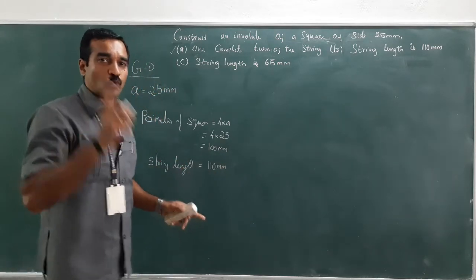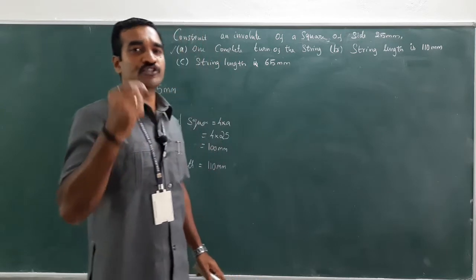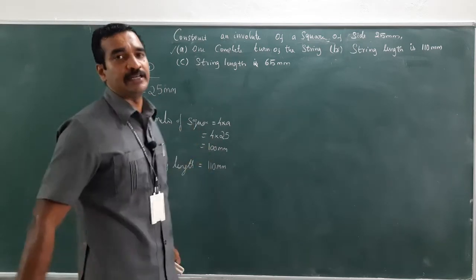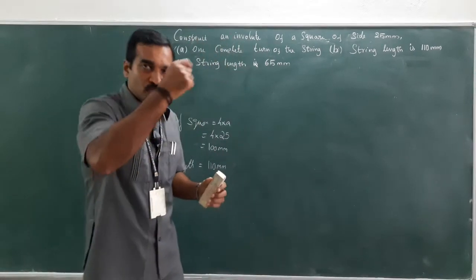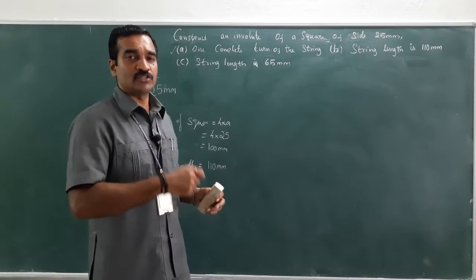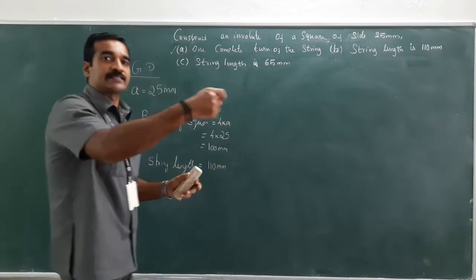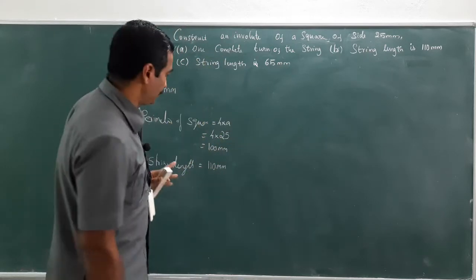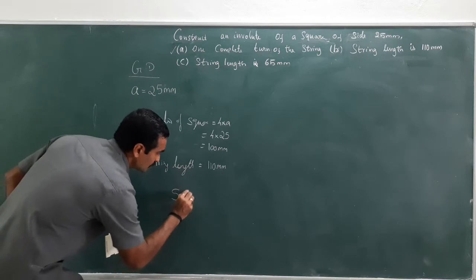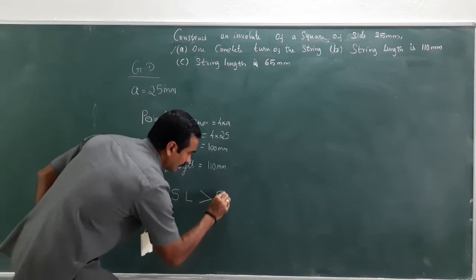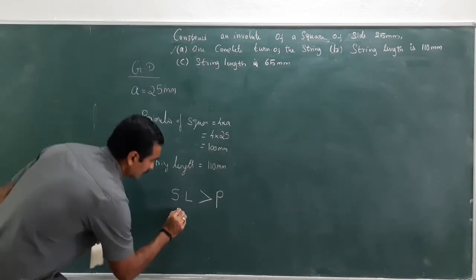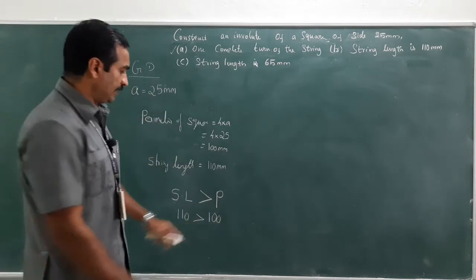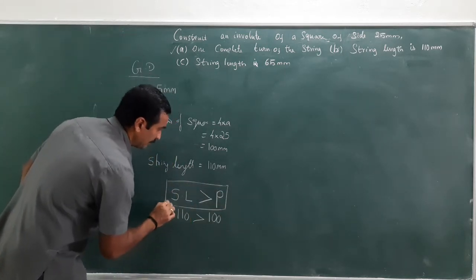To complete one full turn, the string length required is 100 mm, whereas here it is 110 mm. Then while unwinding or winding the string over the square, it will exceed one complete turn. That means more than one turn, that is, string length is greater than the perimeter.